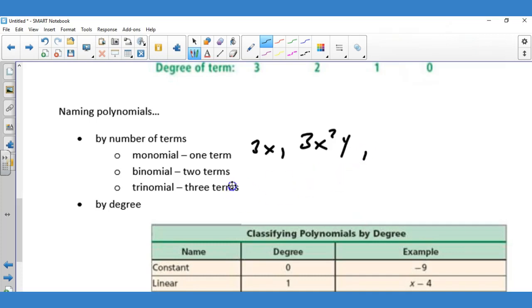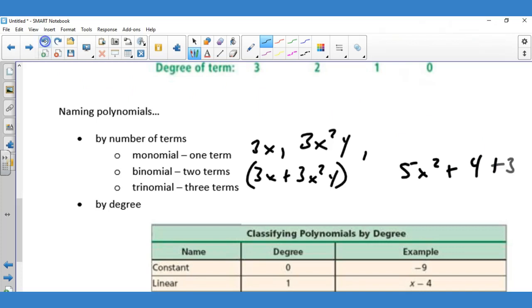Binomial, 2 terms: 3x plus 3x squared y. So that plus, this is now 2 terms. Something like 5x squared plus 4, that's a binomial, 2 terms.